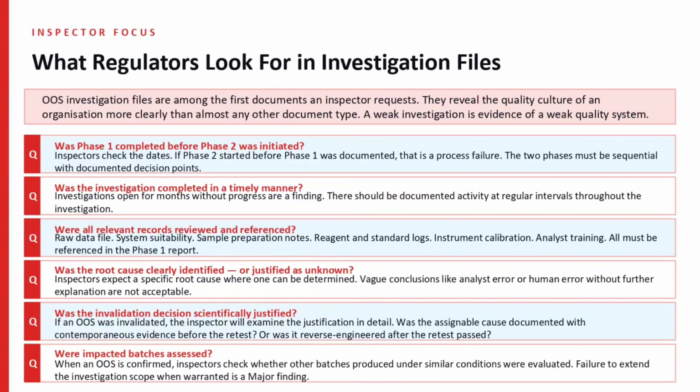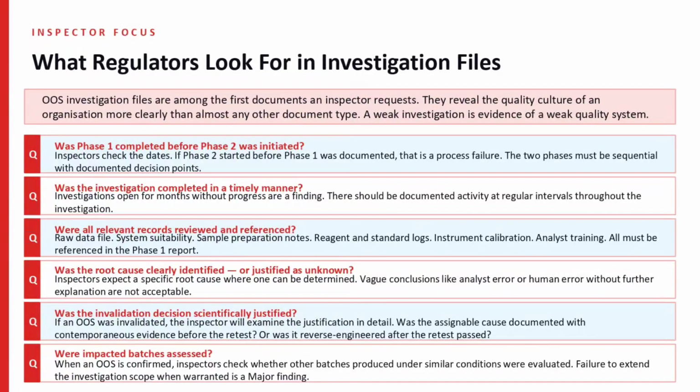Fourth, was the root cause clearly identified or, if not determinable, was that explicitly justified? Vague conclusions like analyst error or human error without further explanation of the specific error and how it was confirmed are not acceptable.